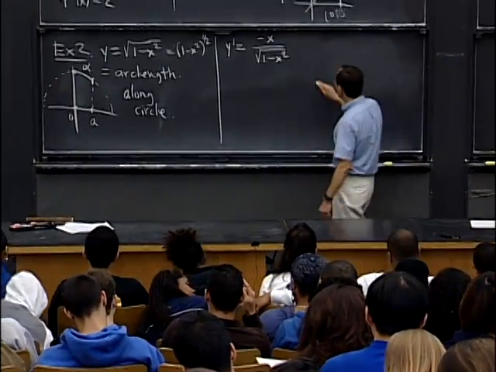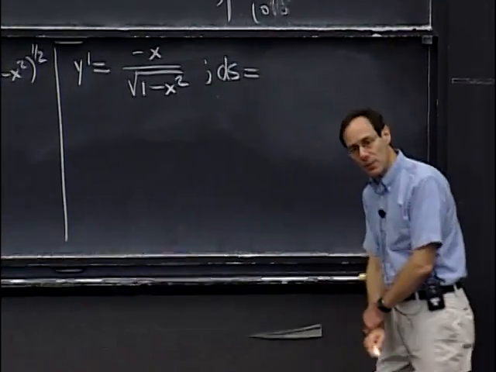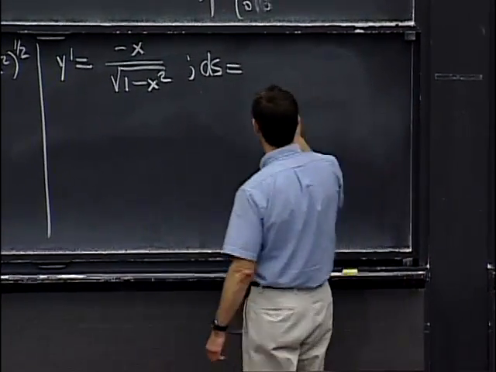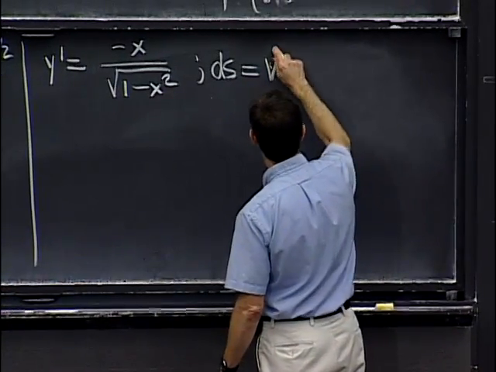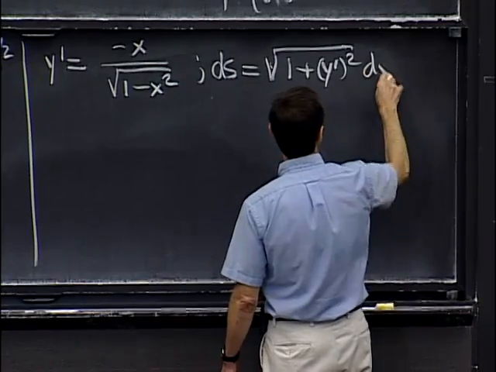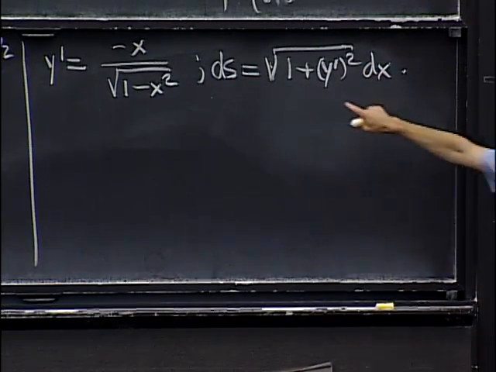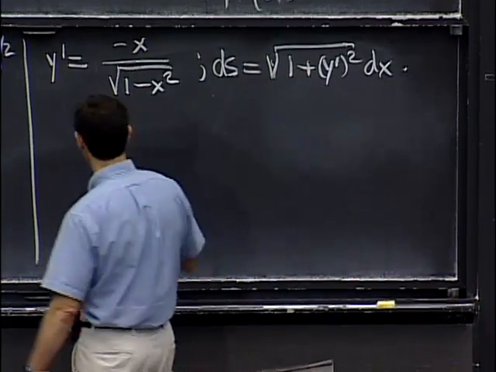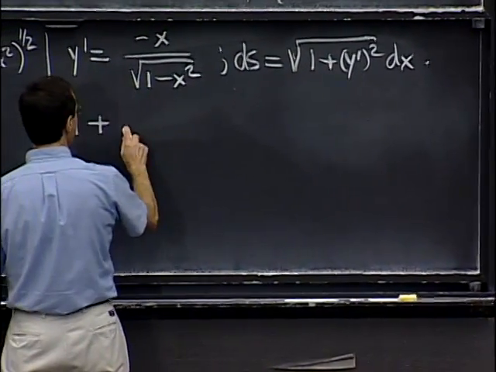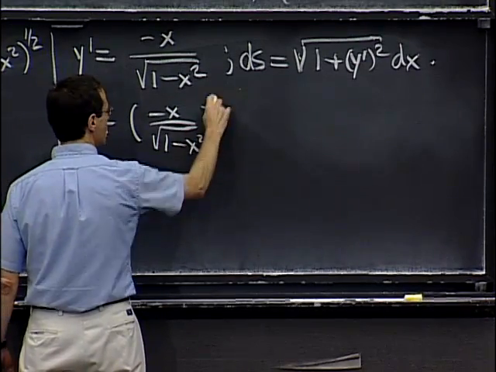Now, the thing we have to integrate is the arc length element, ds, and that's going to be the square root of 1 plus y prime squared dx. I have to carry out some messy calculation: this is 1 plus the quantity minus x over the square root of 1 minus x squared, squared.